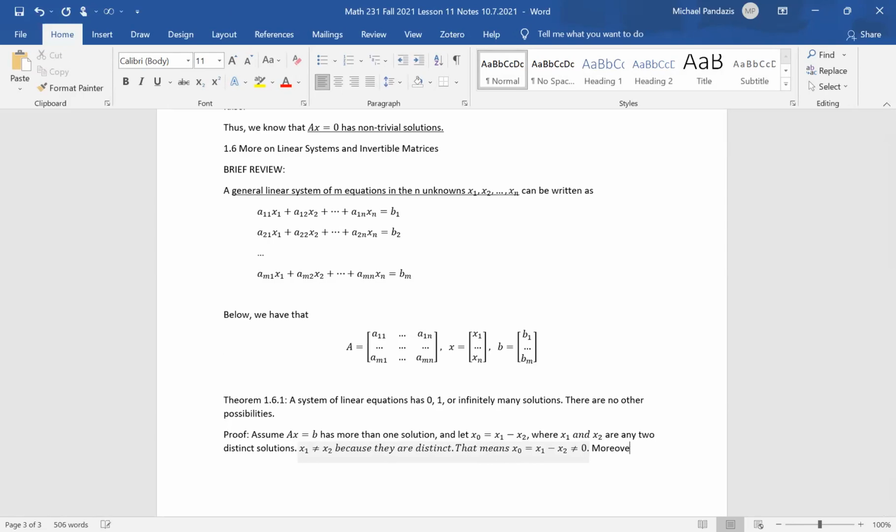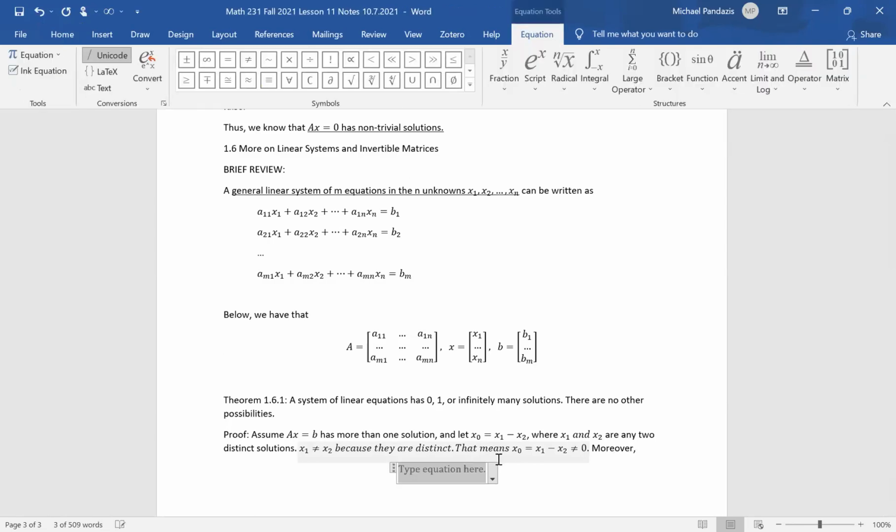Moreover, A x naught, which is plugging in the difference of those two distinct solutions, is equal to A times (x1 minus x2), because x naught is x1 minus x2. Using matrix properties, that's equal to Ax1 minus Ax2.